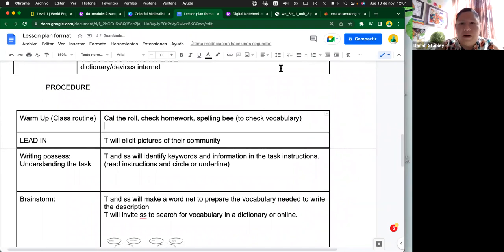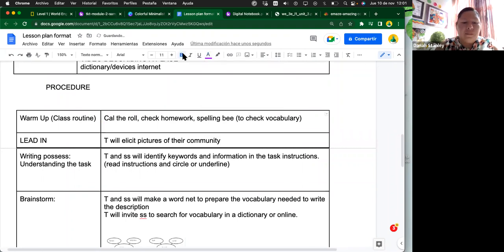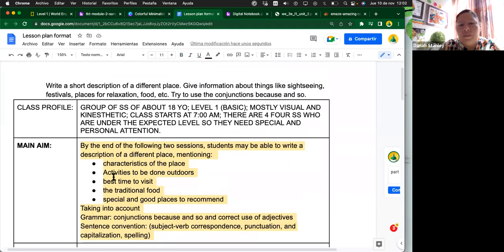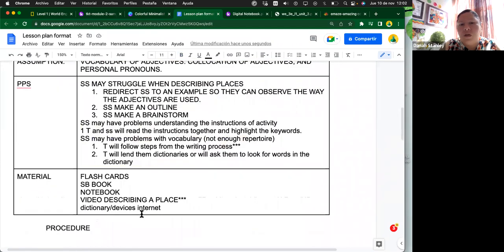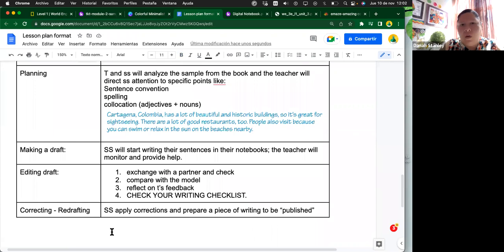Aquí yo le voy a poner con rojo, no me gusta, con purple y negritas. Share the main name with students. So in here, they know exactly what I'm going to take into account at the end of this activity, okay?